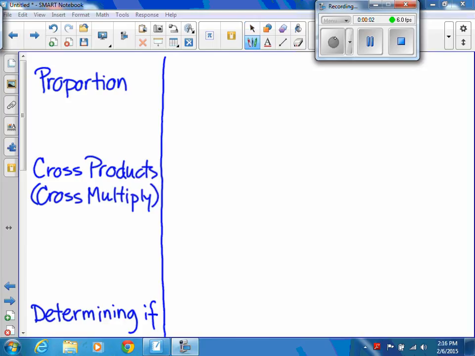Today we're going to be talking about using proportions to solve problems. The main thing of a proportion is that we have an equation stating that two ratios are equivalent.